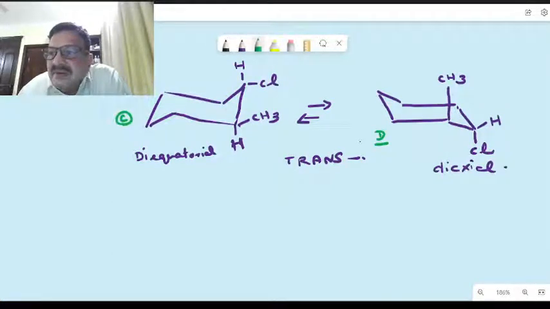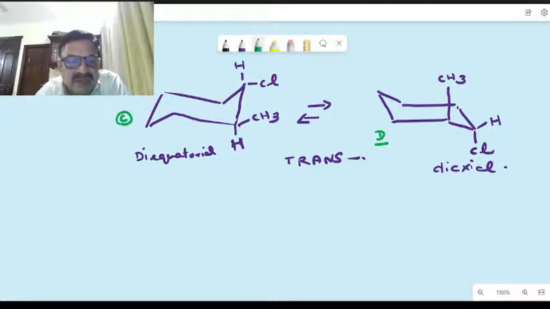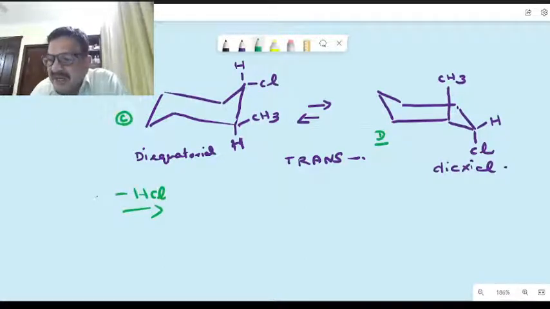So conformation D contains the chlorine atom in the axial position here. Okay, now let us see how this reaction takes place. What will be the nature of the compound being formed, the alkene being formed here? Let us see. So minus HCl, correct, because the chlorine will be eliminated here. That is equatorial hydrogen, it does not react. Only one beta axial hydrogen we can say can react here.